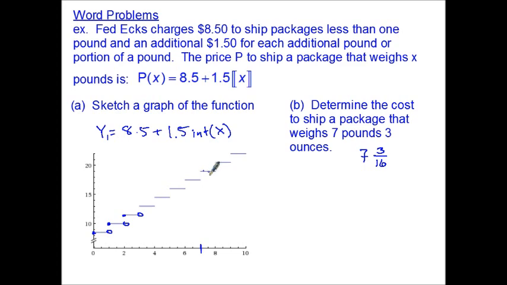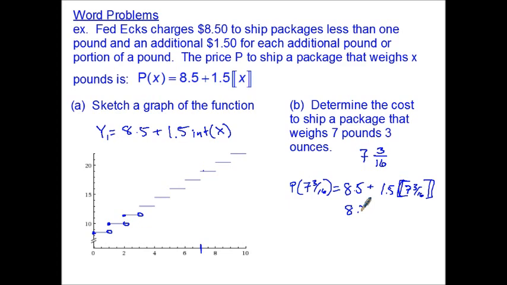I'd have to read across to this, but I think an easier thing to do, since I don't have the table available to me right now, is just plug it in. So P of 7 3/16 would be 8.5 plus 1.5 times the greatest integer of 7 3/16, and the greatest integer of 7 3/16 is just 7.